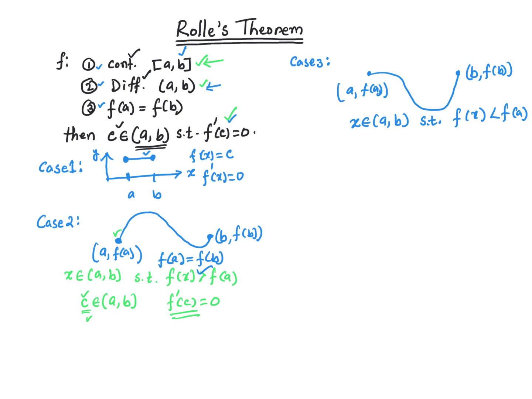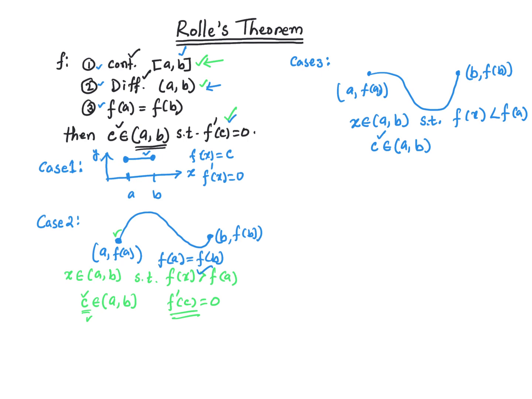Again, we can say that point is C, somewhere between A and B. So now, C is an absolute minimum in the open interval, then it must be a local minimum as well.